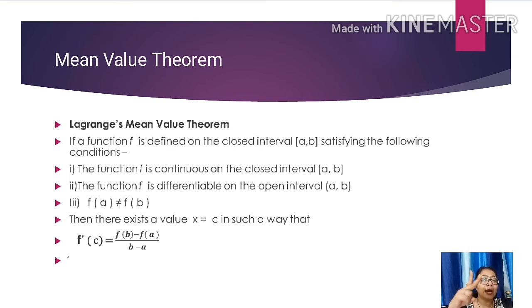Number 2, the function f is differentiable in the open interval (a, b). And number 3 is f(a) is not necessarily equal to f(b). There is the difference between Rolle's theorem and the mean value theorem, such that there exists a c belonging to the open interval (a, b) such that f dash c is equal to (f(b) - f(a)) by (b - a).